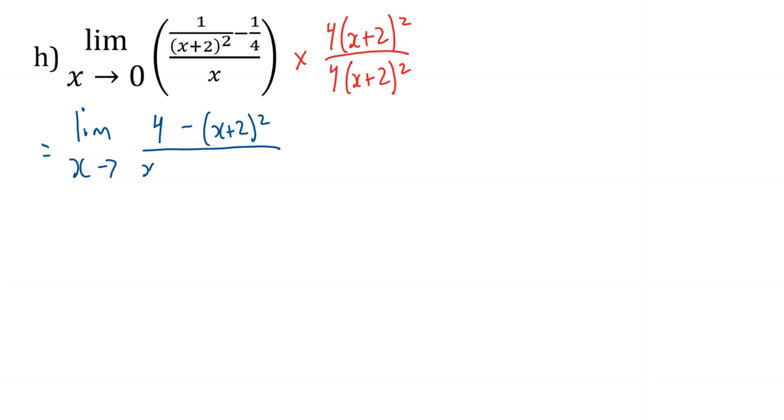And then on the bottom, I get x times 4 times x plus 2 squared. Okay? Again, I know what is supposed to divide out. What has to divide out is this x, because that's what's giving me the 0 over 0, the indeterminate limit. So it's x that has to divide out.